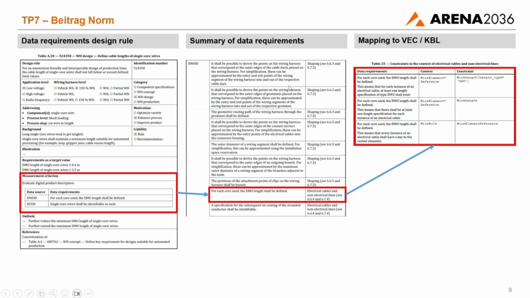Those are then summarized in a separate chapter in the DIN, where you can actually read down which information you need to know about the product to evaluate all the design rules available in the DIN. And then there are 2 additional chapters where these abstract requirements are mapped to specific data fields in KBL and VEC. And that is basically the contribution of the sub-project digital product description.